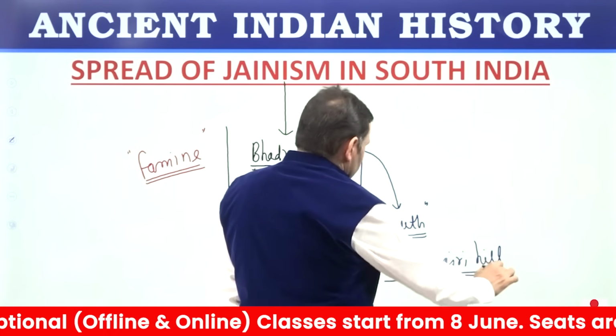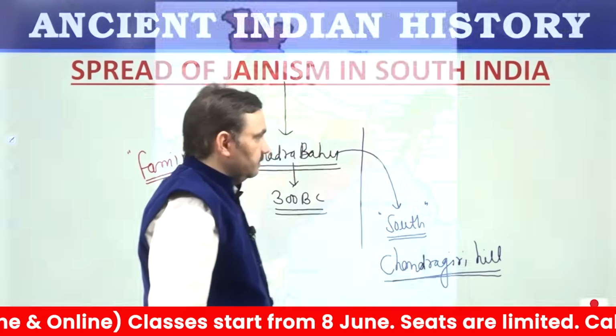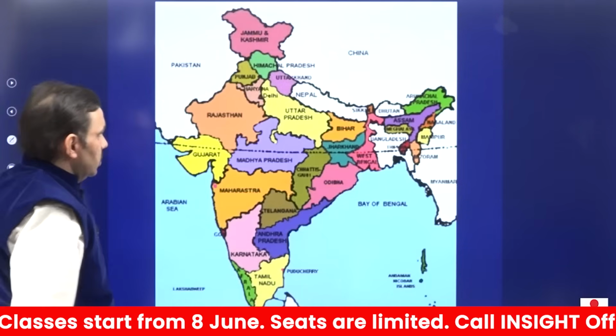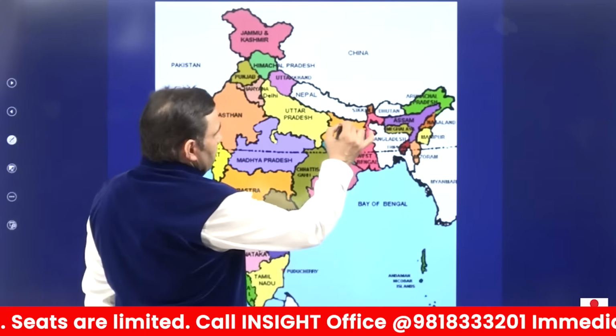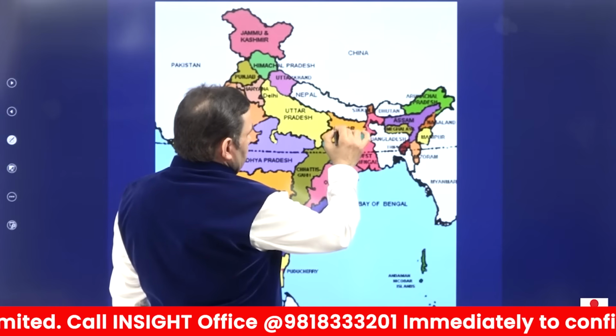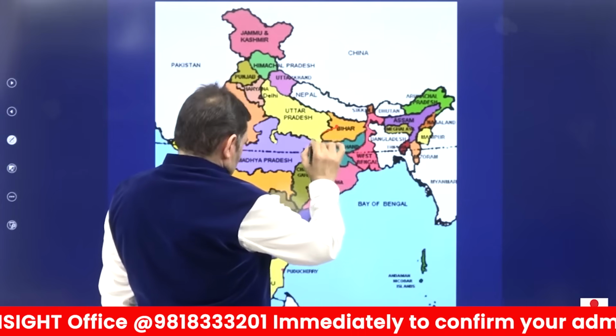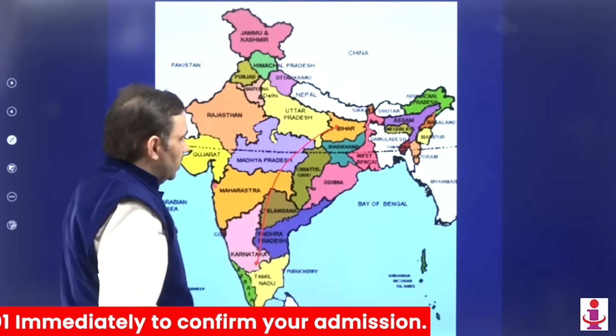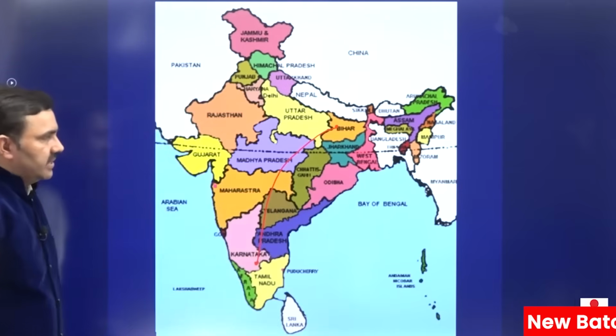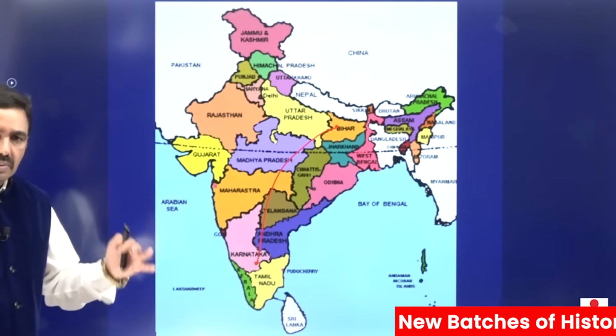So Bhadrabahu carried Jainism to south. So starting from here, if you see the map, starting from here, Vaishali, Patliputra, and then going to South Karnataka. This was the movement of Jainism from north to south.